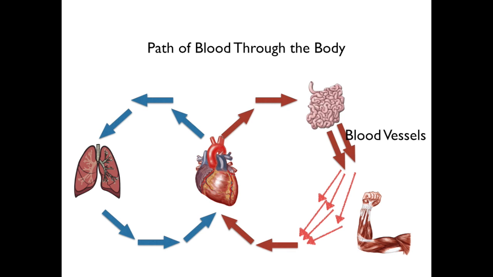While in the capillaries, the blood delivers the nutrients and oxygen to the cells. Nutrients and oxygen enter the cells by the process called diffusion. Remember, diffusion is when molecules move through the semi-permeable cell membrane. Lastly, the blood returns to the heart through large passageways called veins.